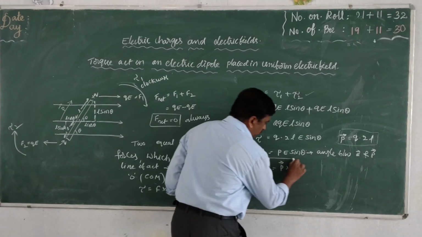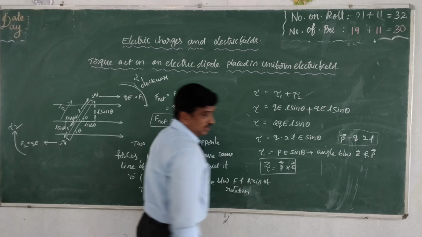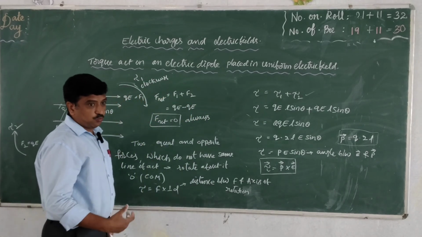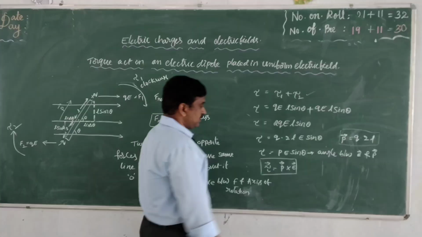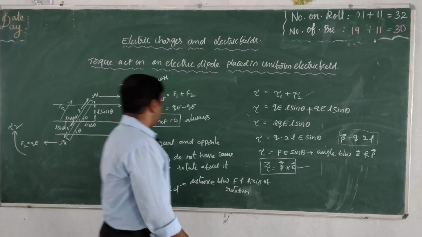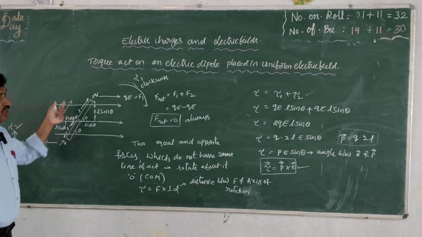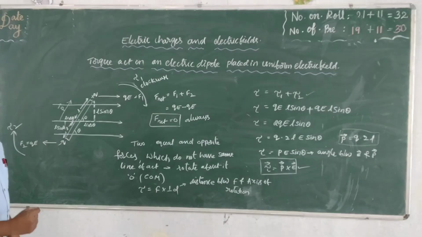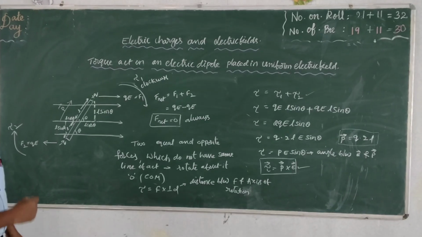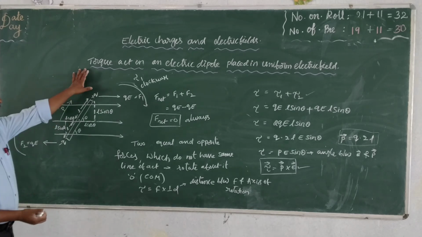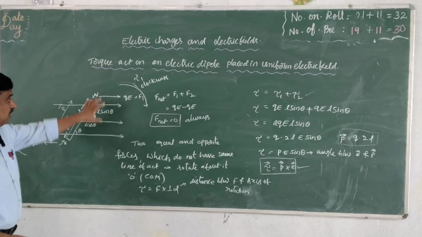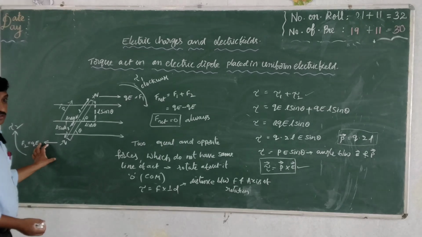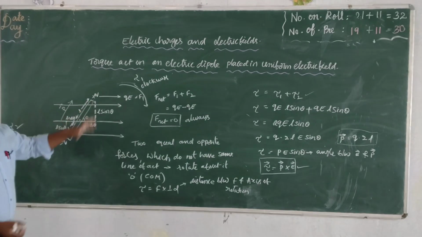So tau equals P cross E, the cross product of the electric dipole moment and the electric field. This is the torque produced on the electric dipole when it is placed in a uniform electric field. In a non-uniform electric field the forces are different, so they are not equal forces.